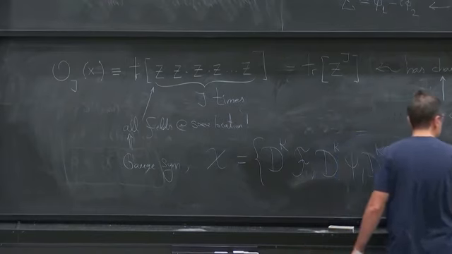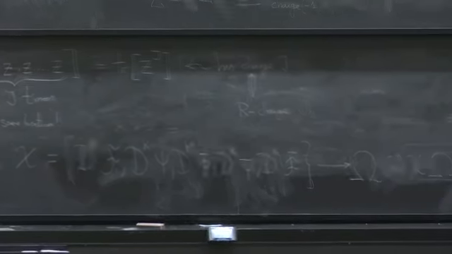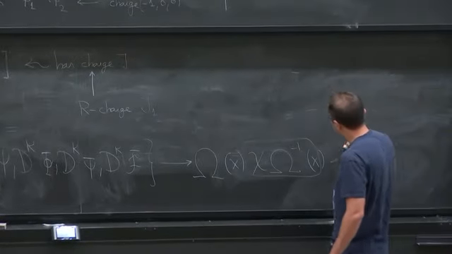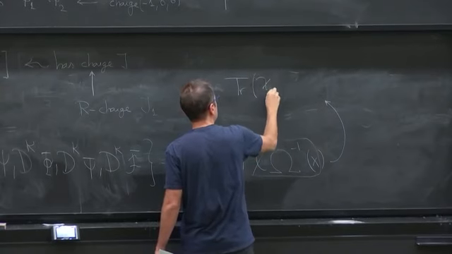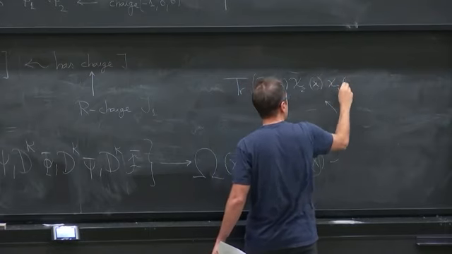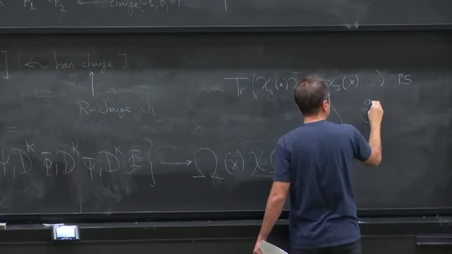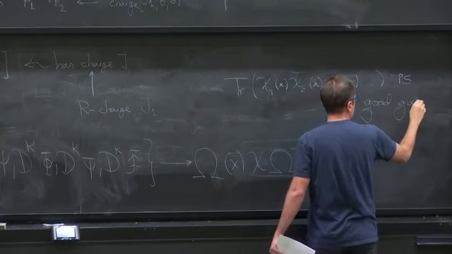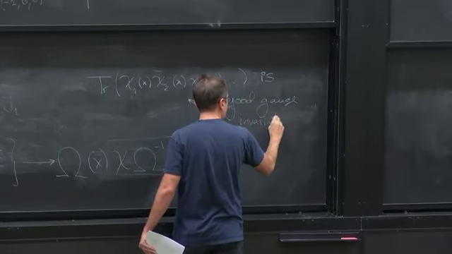So any of these fields transforms under omega of x times chi times omega minus 1 of x. And so gauge invariant operators, that implies that trace of one such field at position x times one other field at position x times another field at position x dot dot dot is a good gauge invariant operator.